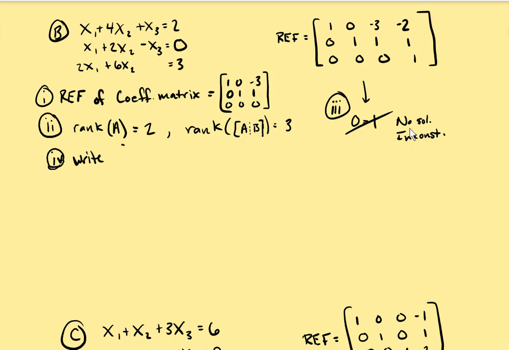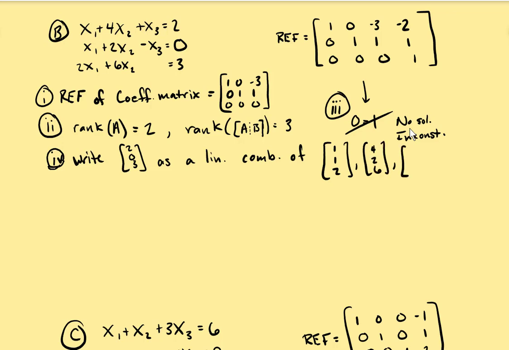Part 4 says write the right-hand side as a linear combination of the columns of the coefficient matrix, which would be 1, 1, 2, 4, 2, 6, 1, negative 1, 0.